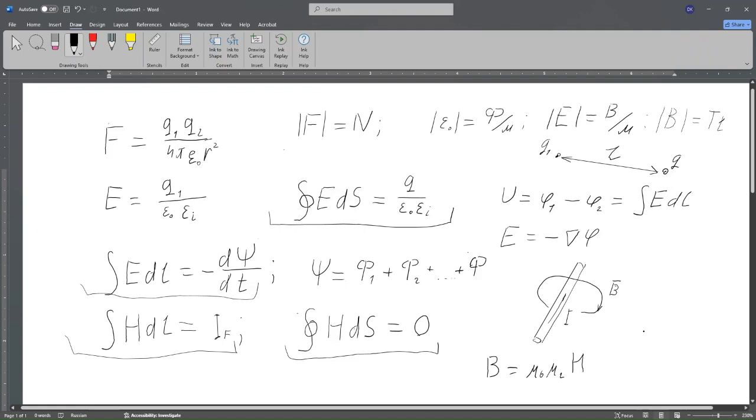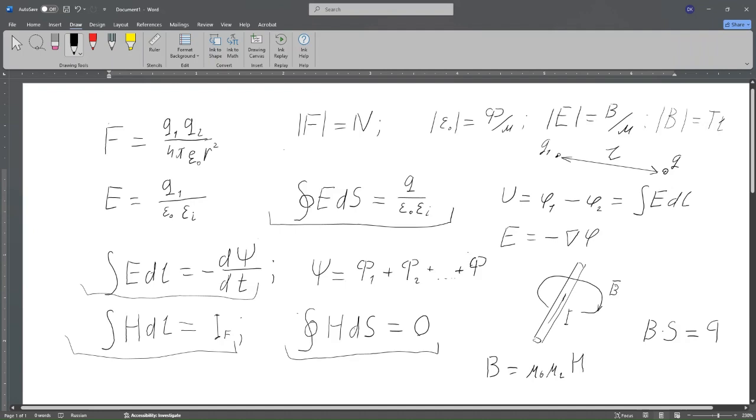If we multiply magnetic induction by the square of the cross section across the magnetic field, it equals flux.